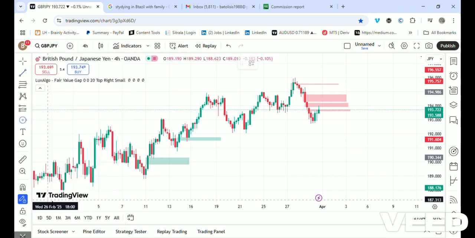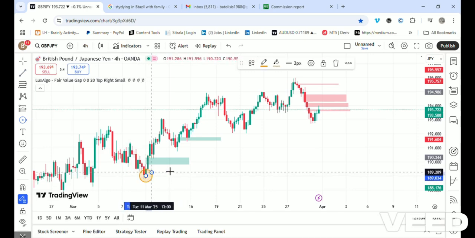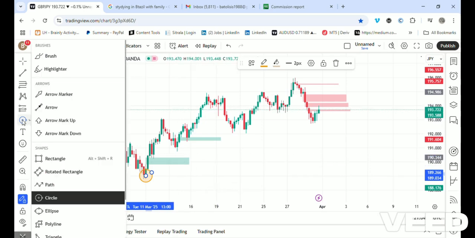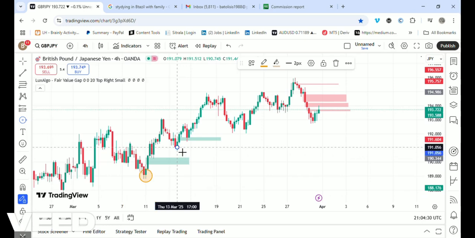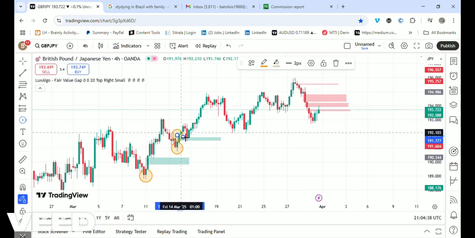This is a low. This is the beginning of the low. This is another low here. This is a higher low. Let me clone it so it will be faster. Let me drag that along.